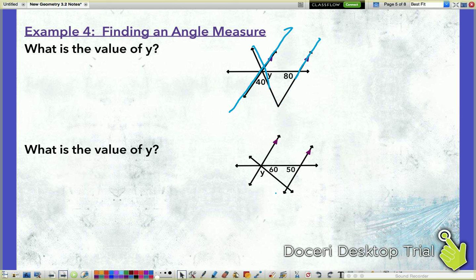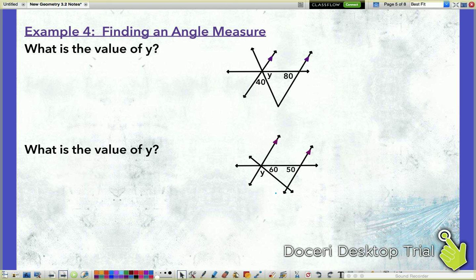that that measure right here is 40. Okay? So y has to be whatever 40 and, or 180 minus 40. I think I'm doing that wrong. Yes. So I hope you're writing in pencil. I had a moment there.